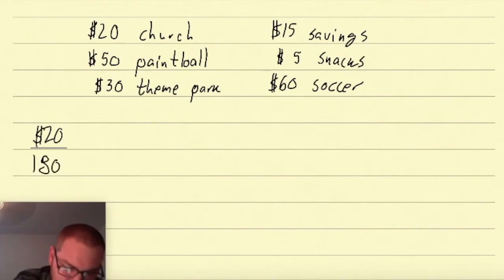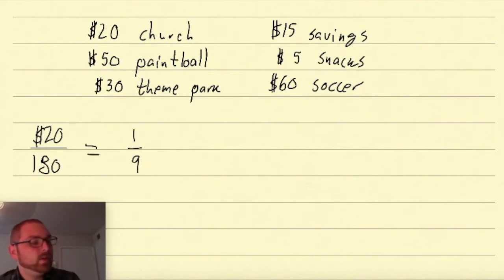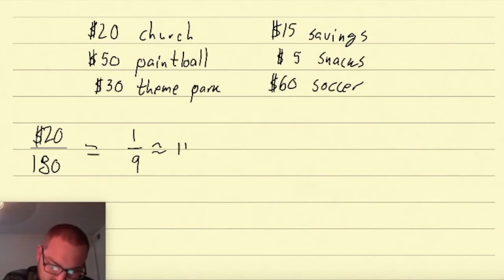That's out of 180, which is going to be 1/9. So we divide that out to find the percentage, and I'm going to approximate it to a whole percentage. So that is approximately 11%. Well, now we multiply by 360 degrees.